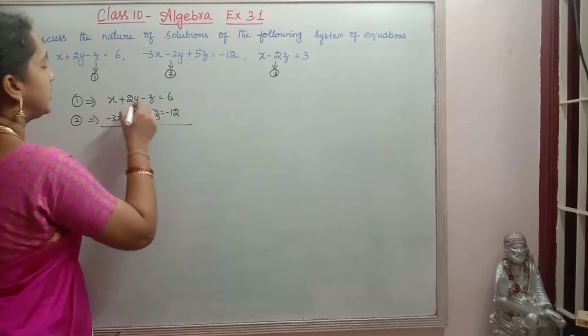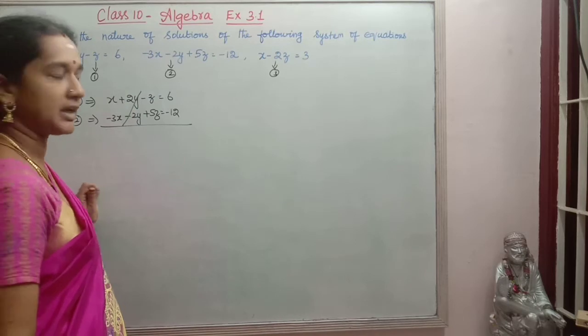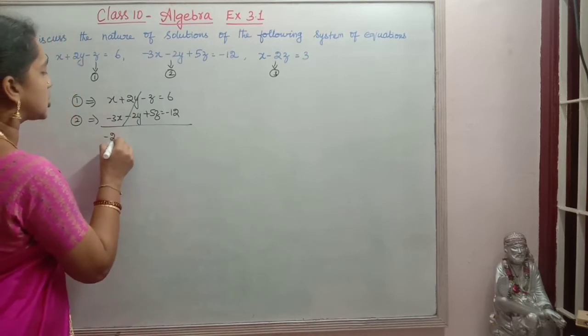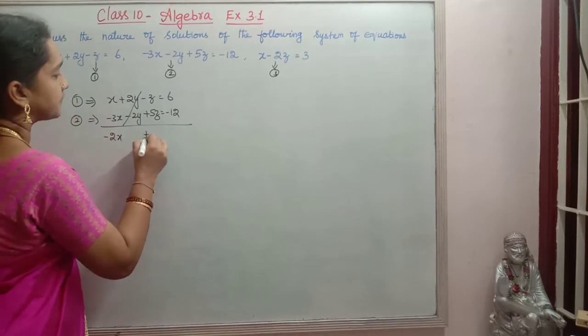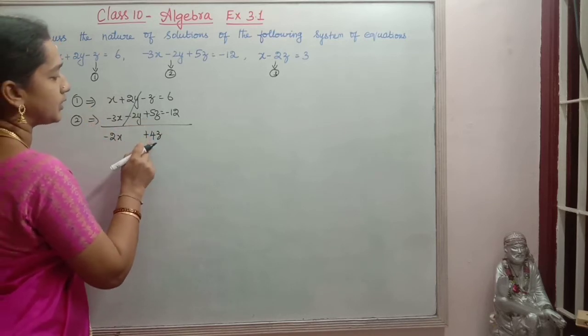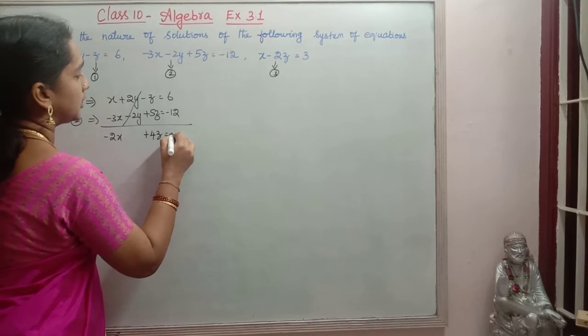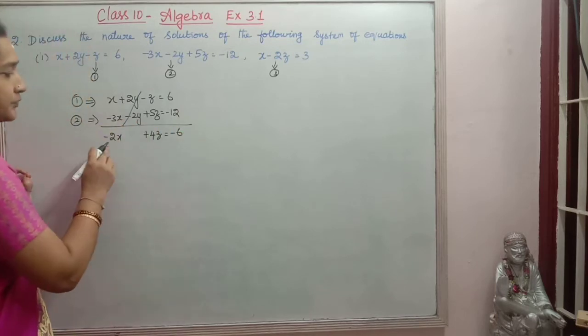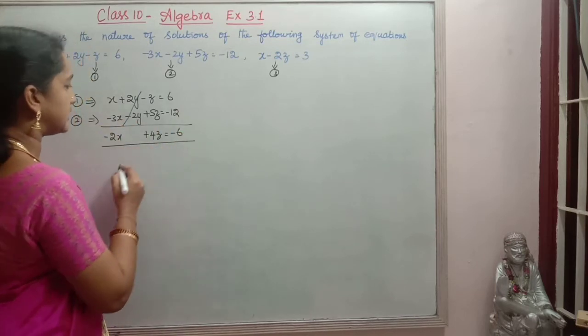Directly we can cancel plus 2y minus 2y. So we will get an equation with x and z: minus 2x plus 4z is equal to minus 6.